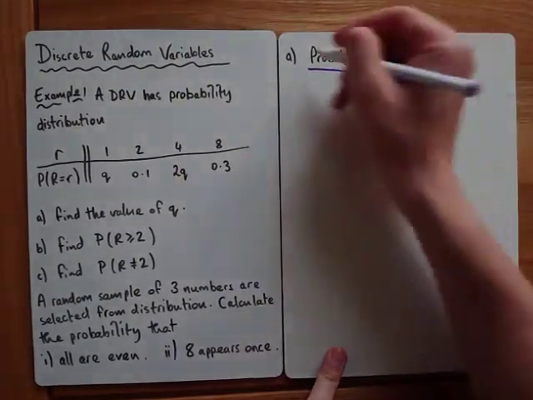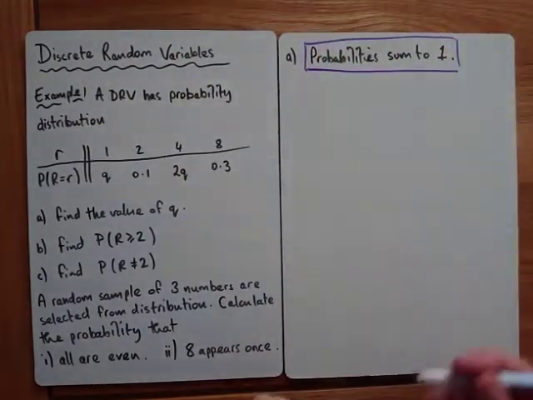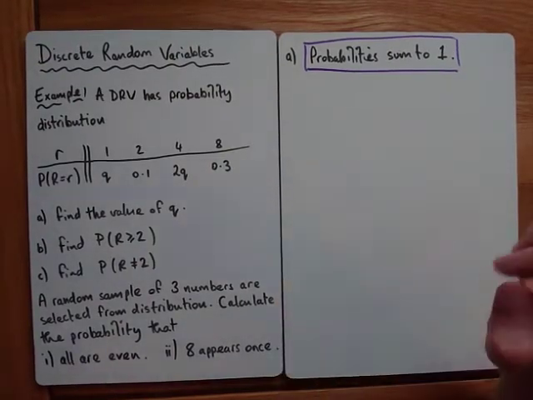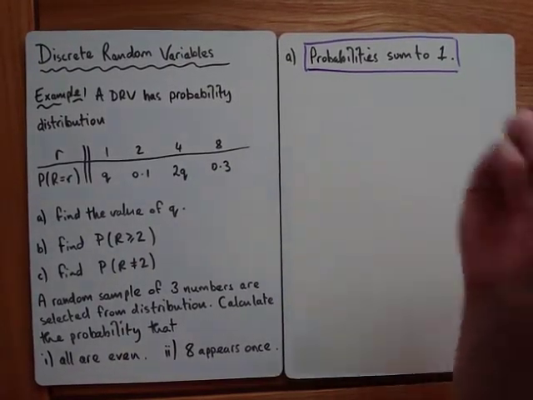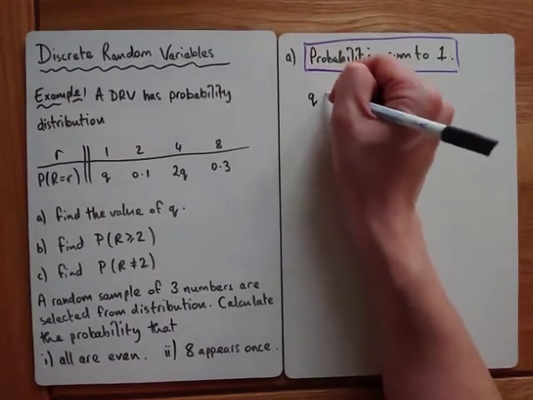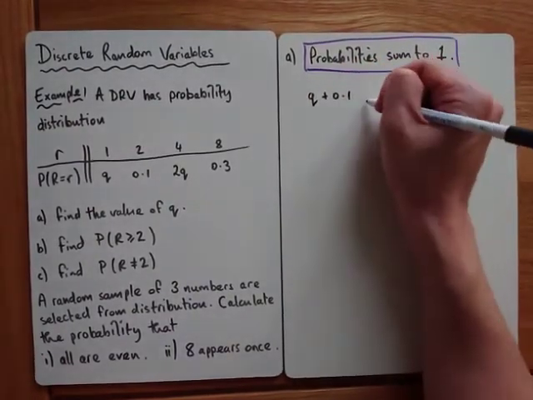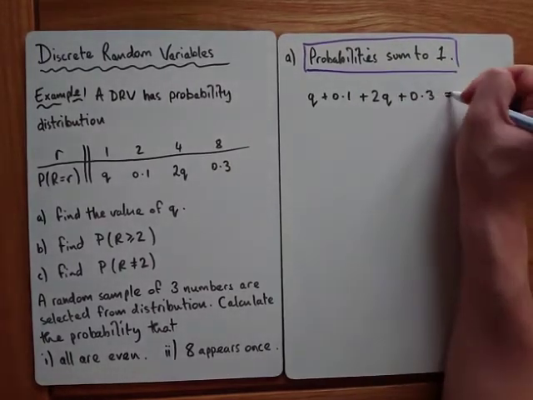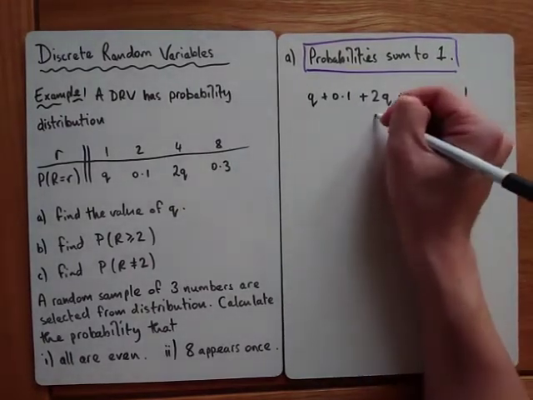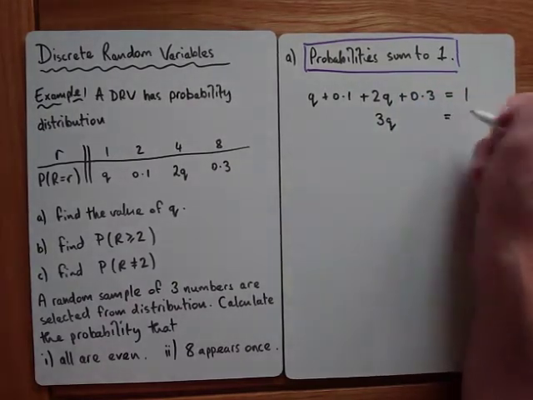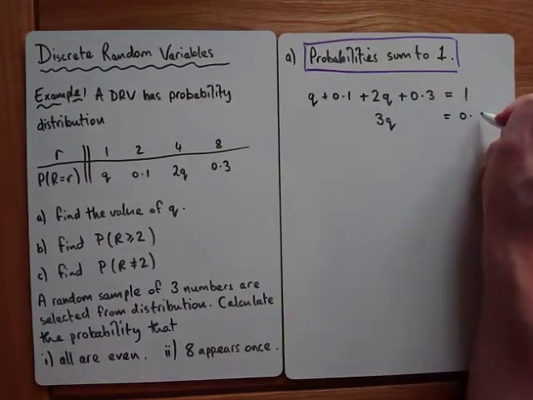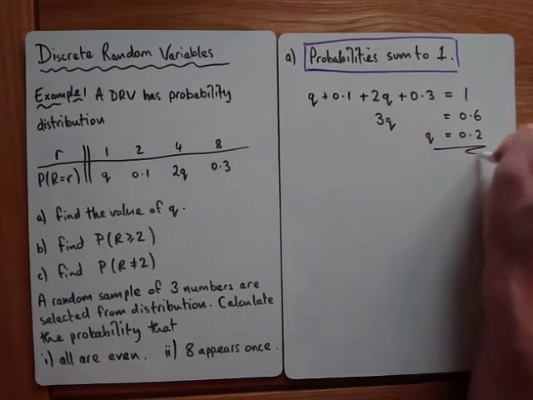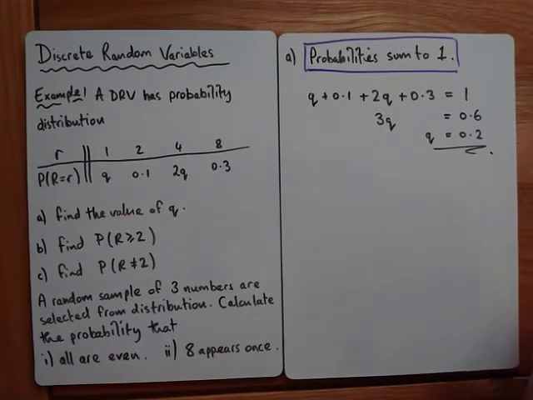When you spin the spinner, there's only those 4 possible outcomes, so the combination of those events represents this entire distribution. Okay, so we know that Q plus 0.1 plus 2Q plus 0.3 must equal 1. 3Q would equal 0.6. So Q must equal 0.2.